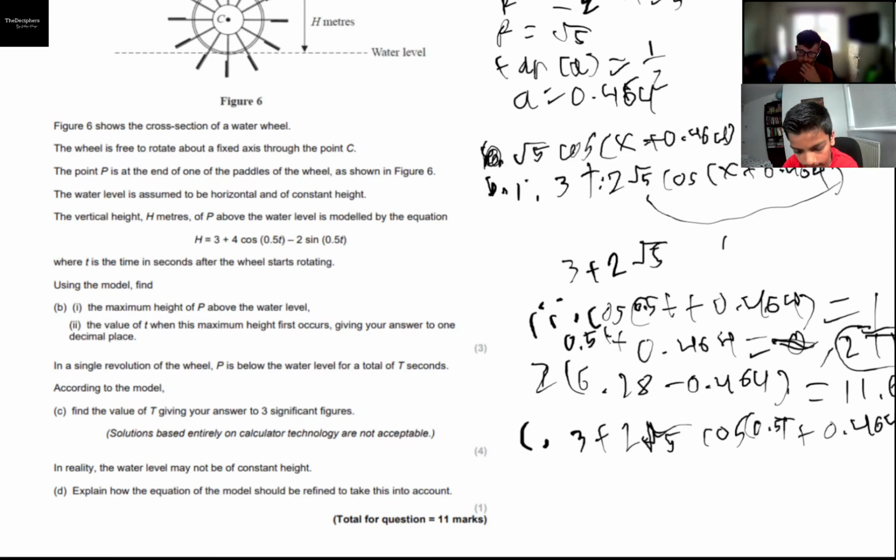So then it'd be 3. So cos of 0.5t plus 0.464 is minus 3 over 2 root 5.